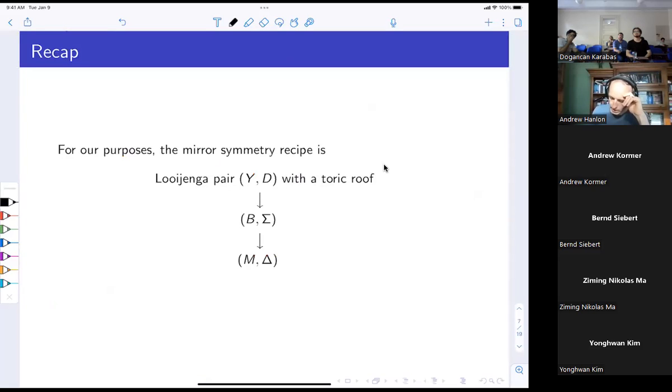Okay, so maybe I added this slide just to try to keep track of where we were.